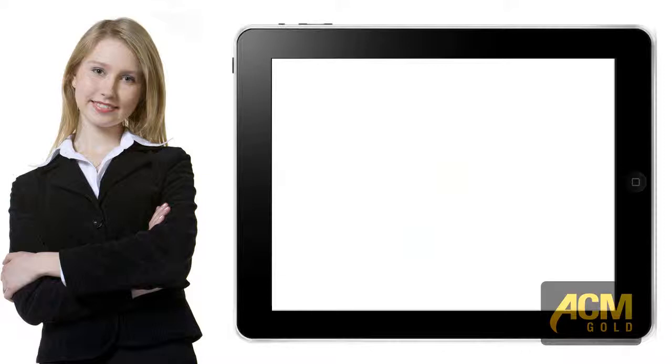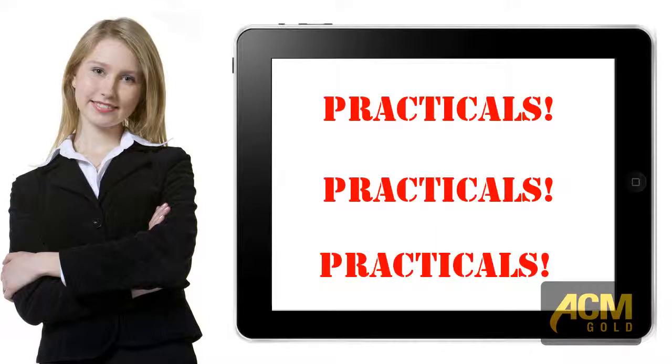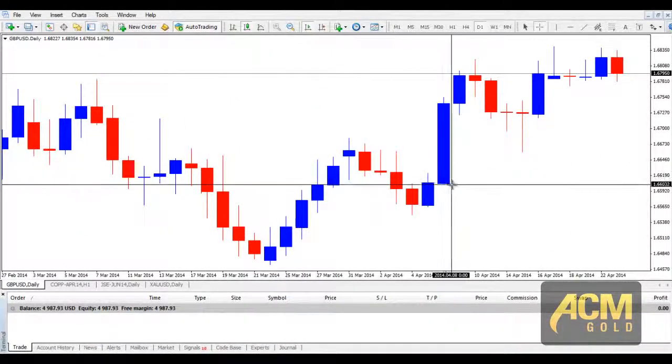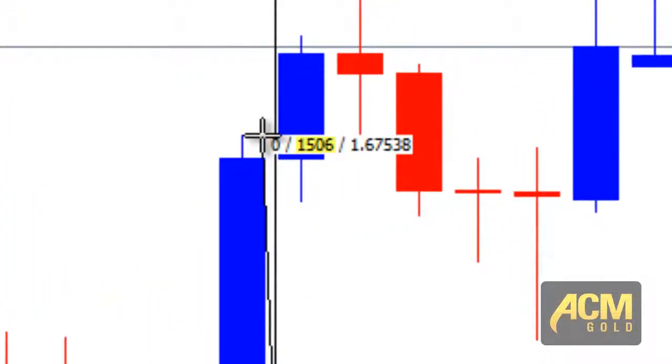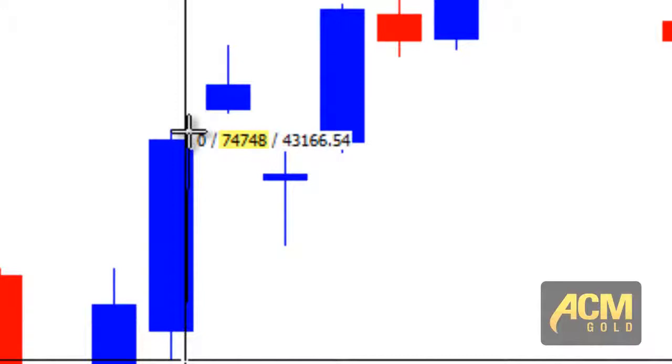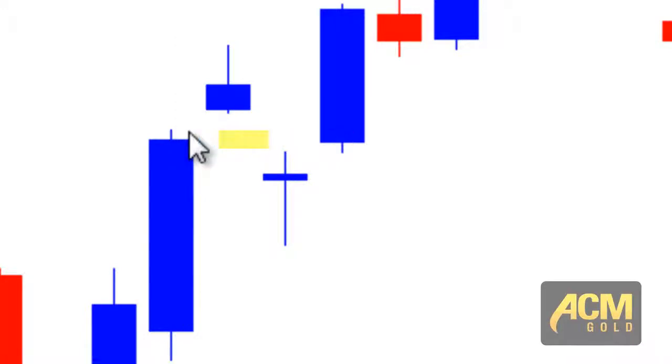So let's get you placing some trade, shall we? We will first look at the difference in the movement different instruments see in a day. The GBP USD pair to represent the forex category, we're looking at 150.6 pips on that day. The JSE moved 74,748 pips that day.